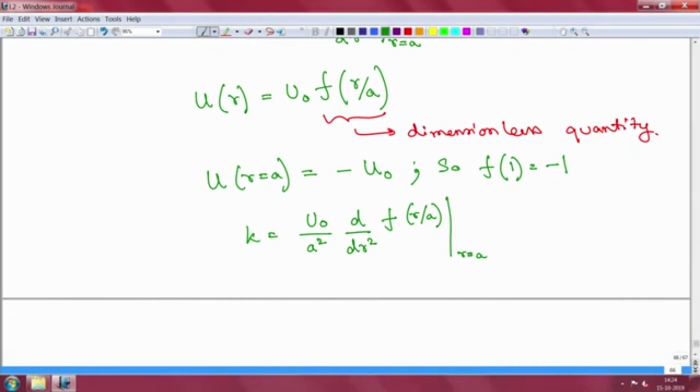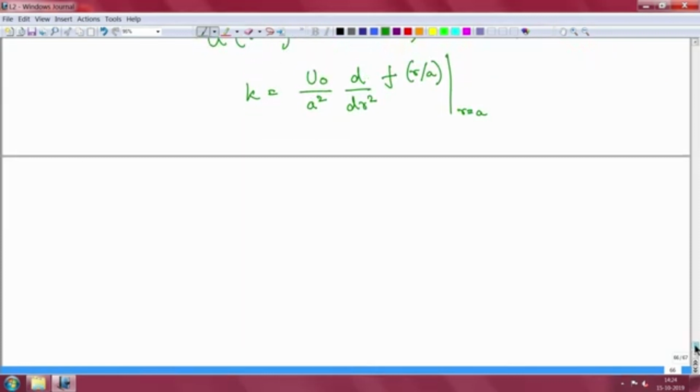And we already know that the modulus E is equal to k by a. So, if you put all of these together, this derivative is some constant, and we bundle up all the constants into one. This is just one step of algebra that I am skipping here. You can show that the modulus E is some constant times U naught by a cube.